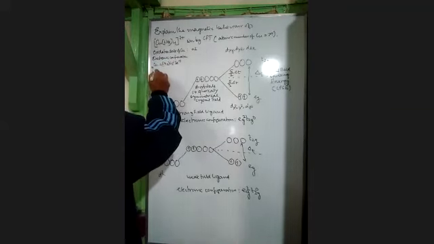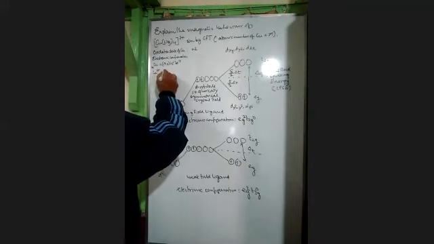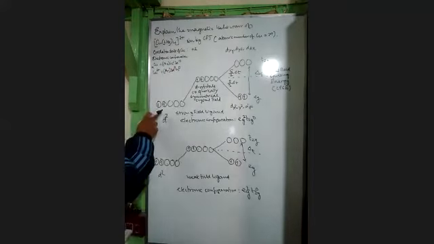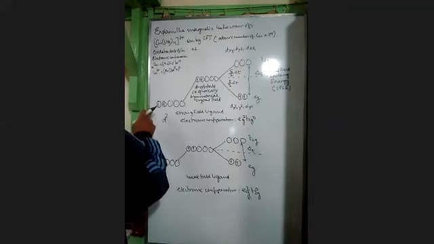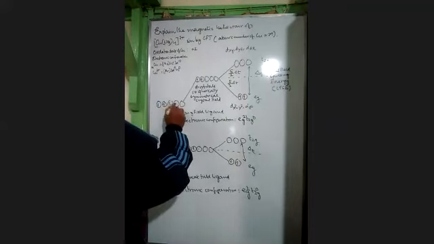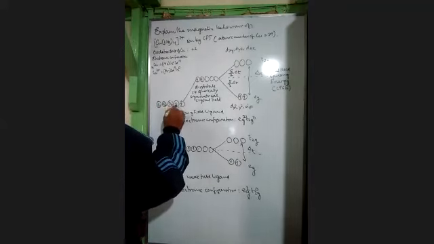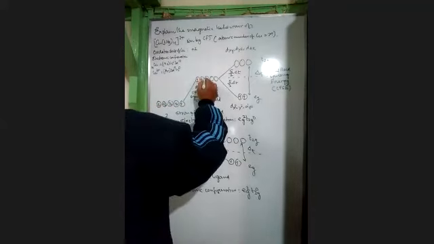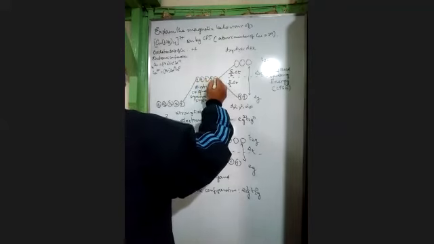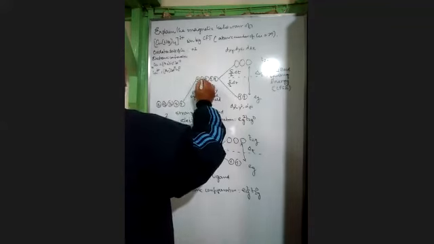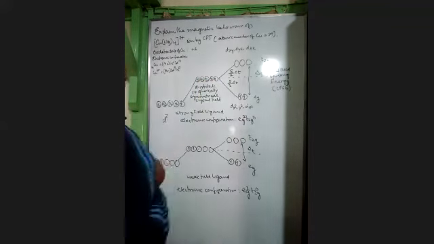So it becomes 3d9 4s0. So you have to put 9 electrons here. 1, 2, 3, 4, 5, 6, 7, 8, 9.